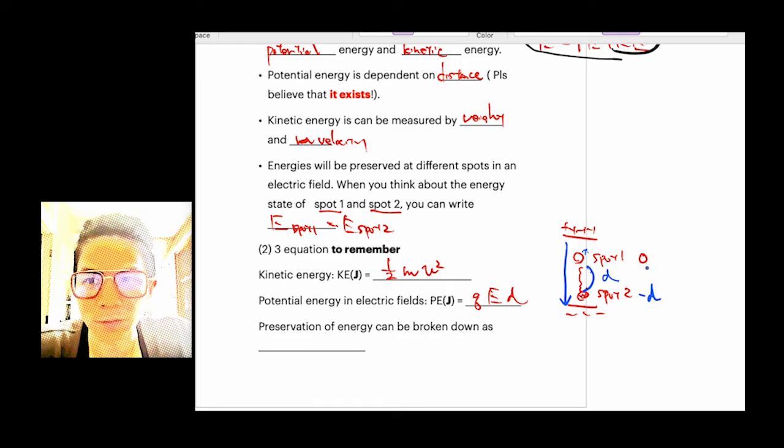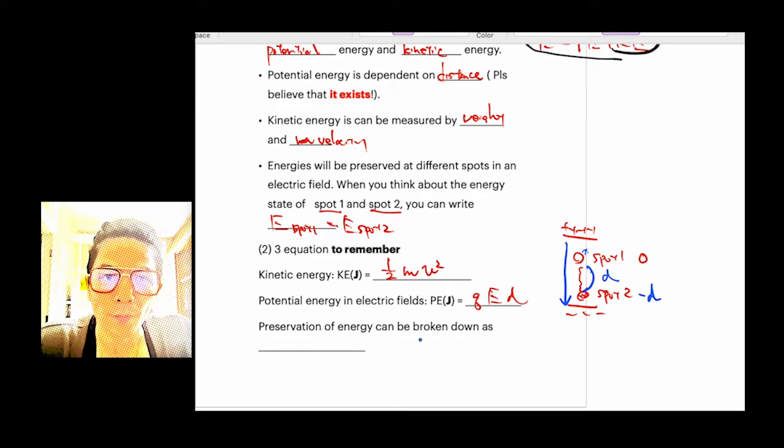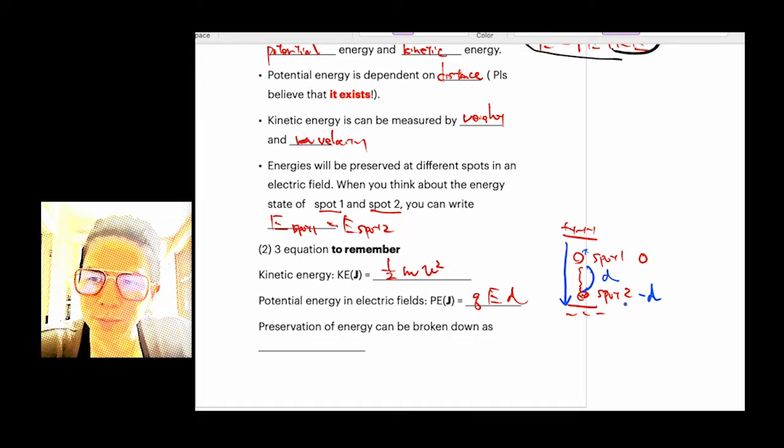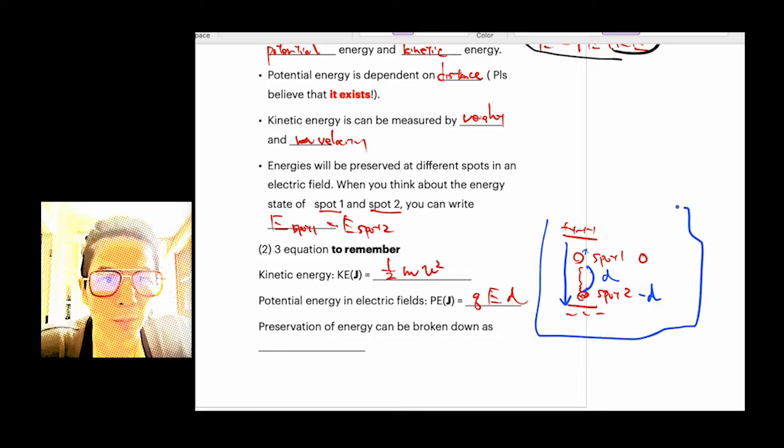So this is something you have to remember. It's kind of confusing, but the electric field direction and the distance direction are always opposite. If you think this is plus, this distance is going to be negative d, not positive d.